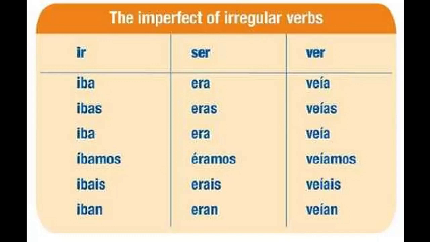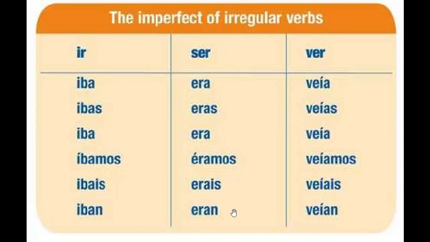Let's continue here. We have the irregular verb ser. Remember that we use the verb ser for description, for nationality, to express the name, the job of a person, and the form in the pretérito imperfecto is this. Yo era, tú eras, él era, nosotros éramos, vosotros erais, ellos, ustedes eran.